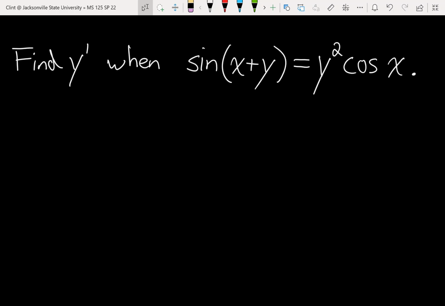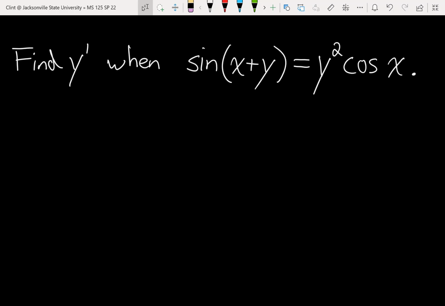We don't have any way we can solve for y here. This one we can't do explicitly even if we wanted to. So implicit differentiation is our only option.